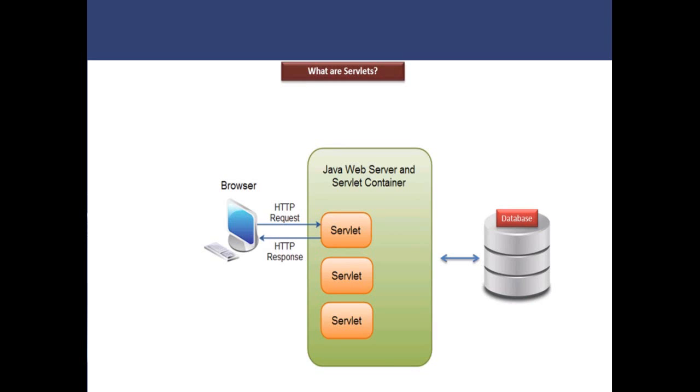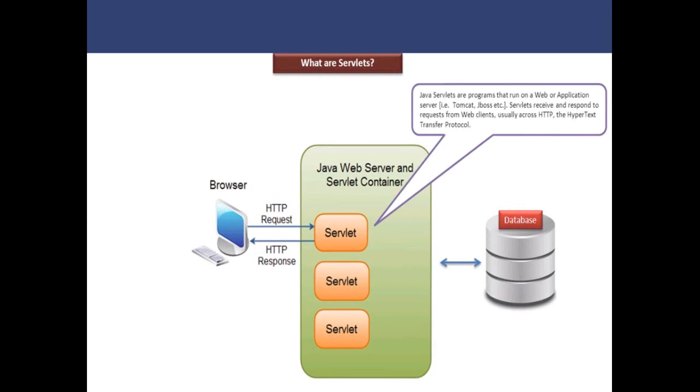So basically, an HTTP client, which can be a web browser, sends an HTTP request to the servlet. The servlet will process the HTTP request and send the HTTP response back to the client.